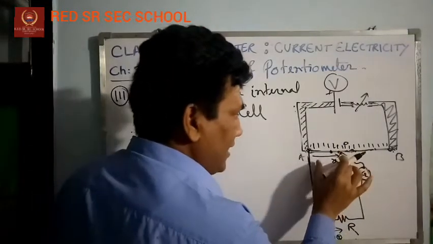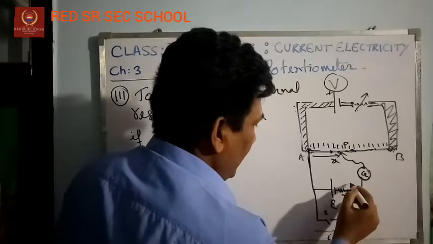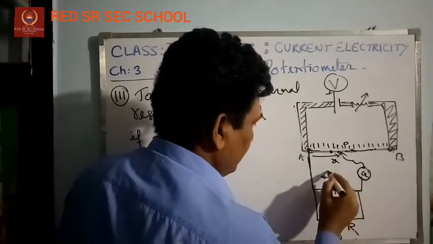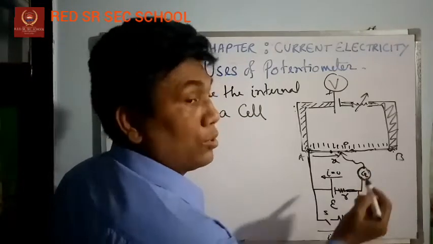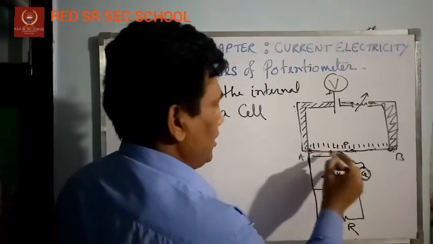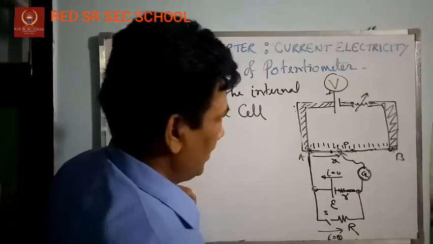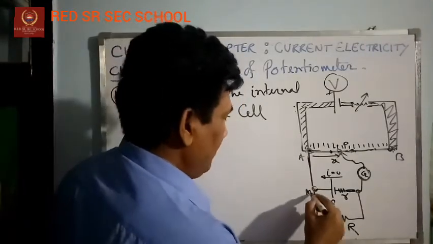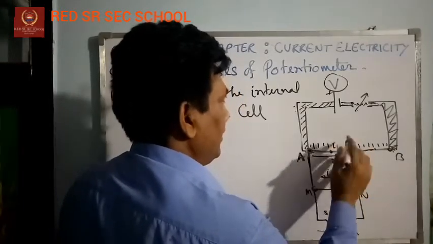And if X is the balancing length, no current will be flowing here also, because for balancing length the galvanometer shows no deflection, because this potential difference and this potential difference will be equal. Are you getting it? Say this is M, this is N, this is A, this is P.